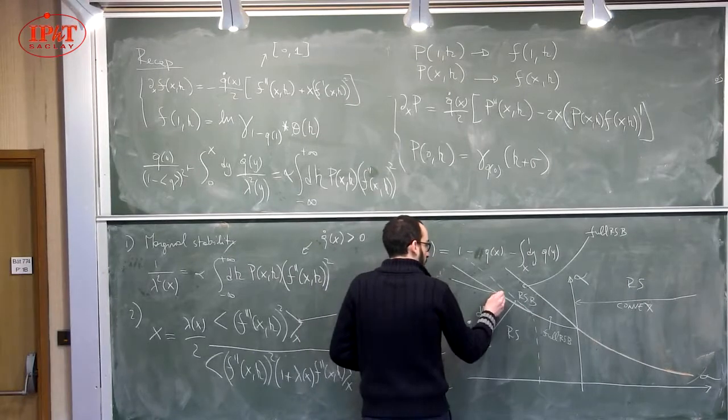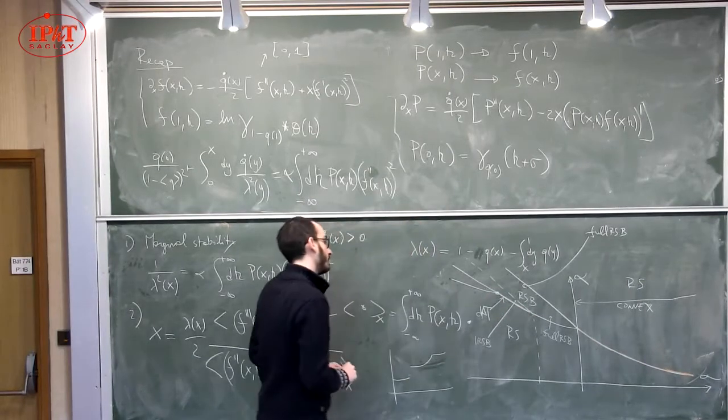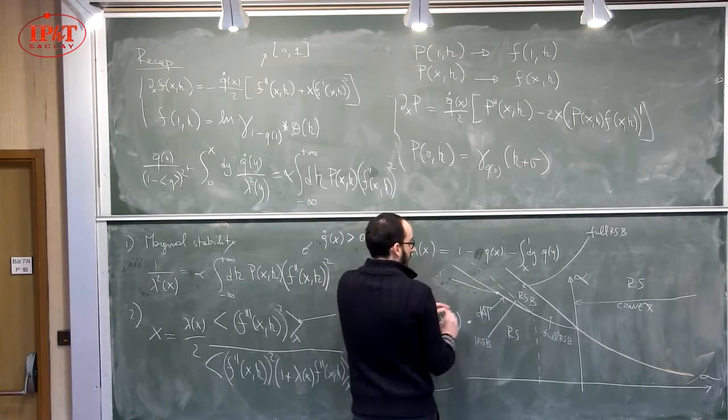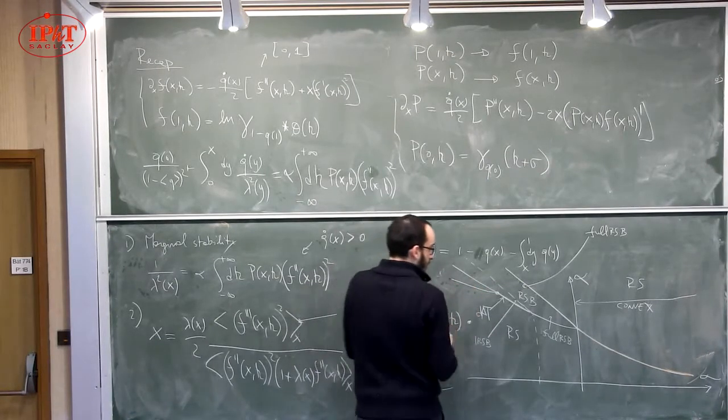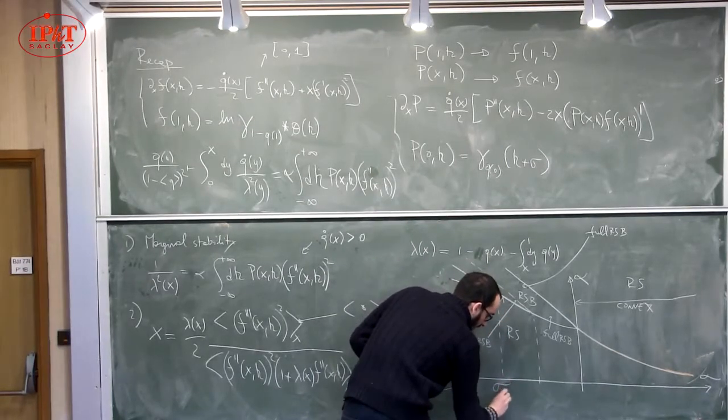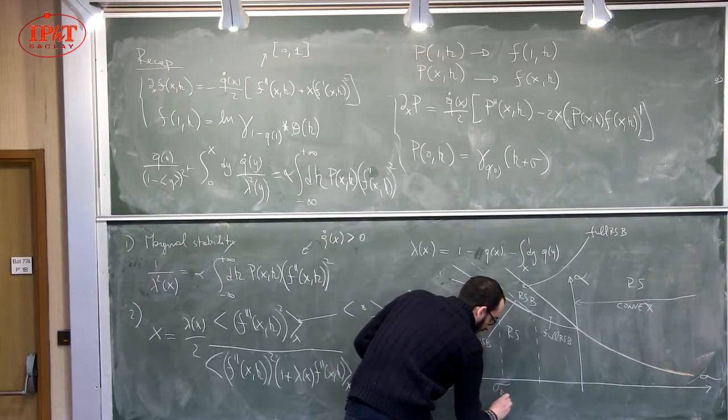And when you arrive here, you have two additional lines, because of what happens below this point, that we call sigma 1 sigma RFT.